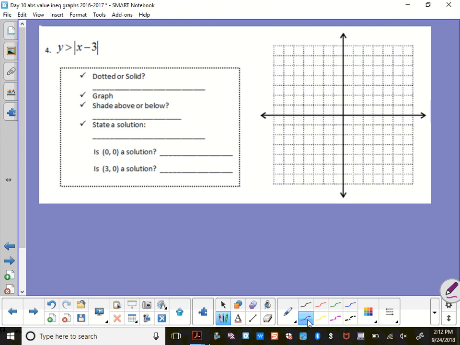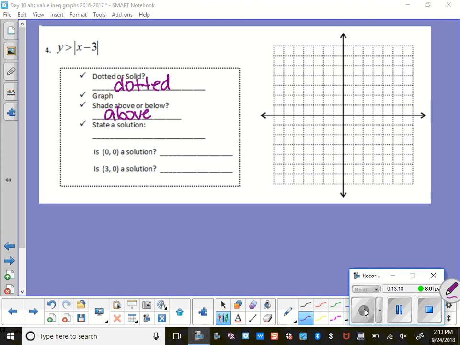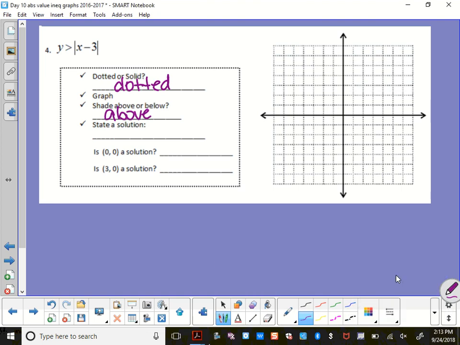It's gonna be dotted, right? Well, so we have y is greater than the absolute value of x minus 3. So it's going to be dotted. And do I shade above or below? All right, so state a solution.